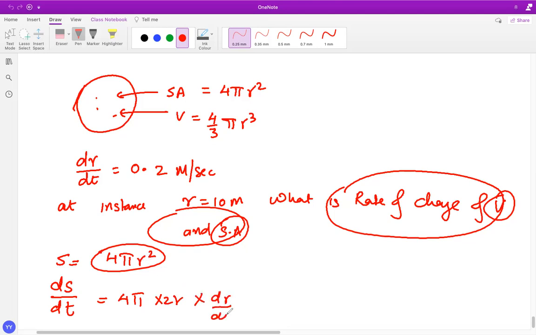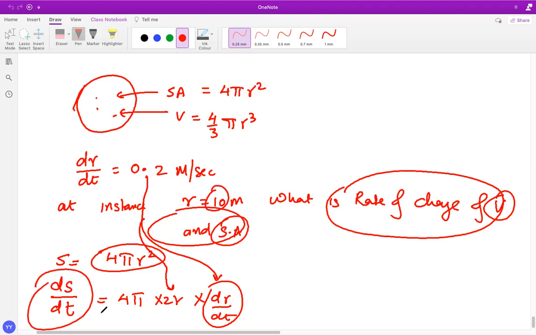That's how I remember it. The next step, you just plug in and substitute the correct values. dr by dt is 0.2, and the radius is 10. And you get dS by dt. You just put in the values, 4 pi times 2 times 10 times 0.2, and you calculate this answer.